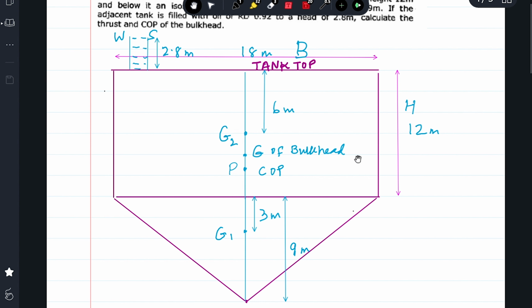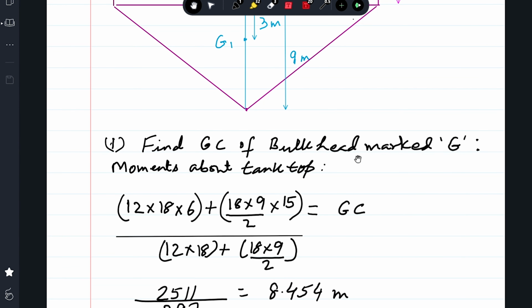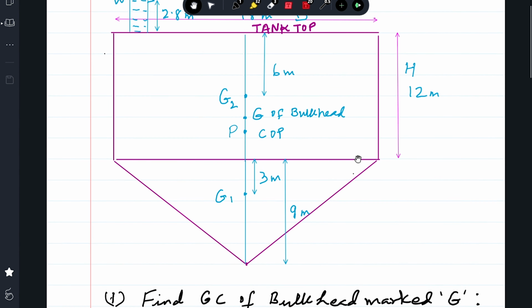So let's proceed. As I said, let's first find the centroid of the bulkhead, G. G2 is the centroid of the rectangle, G1 is the centroid of the triangle, and G will be the centroid of the bulkhead. And below the centroid of the bulkhead, there will be center of pressure P. So let's find G, the centroid of the entire bulkhead.